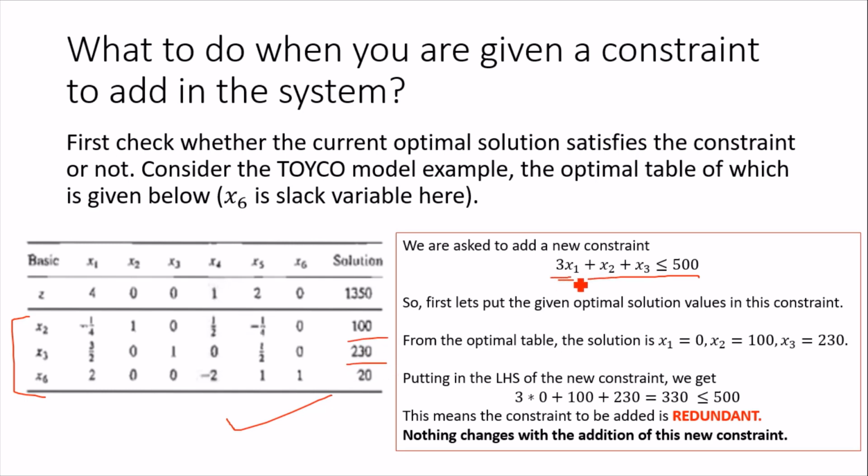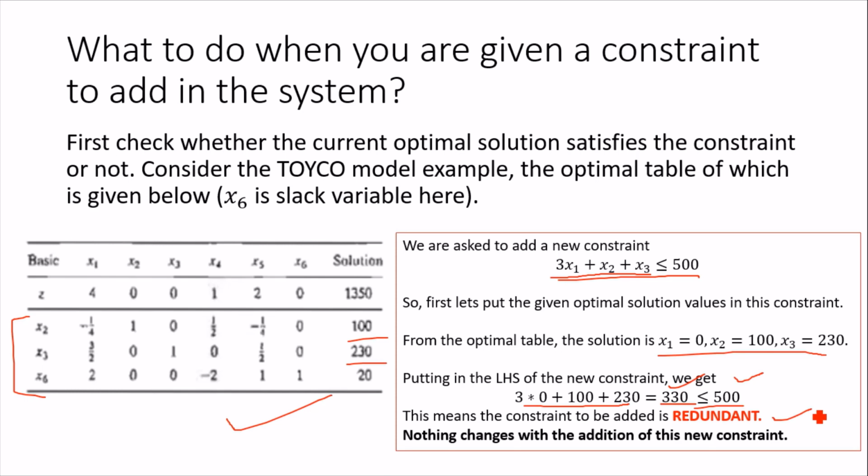If you substitute these values of x1, x2, x3 here, then in the left hand side you will get 330, and as per the constraint this should be less than or equal to 500. Since 330 is less than or equal to 500, the constraint is redundant. That means it is already satisfied by the optimal solution. Hence, adding it into the system will not create any change.